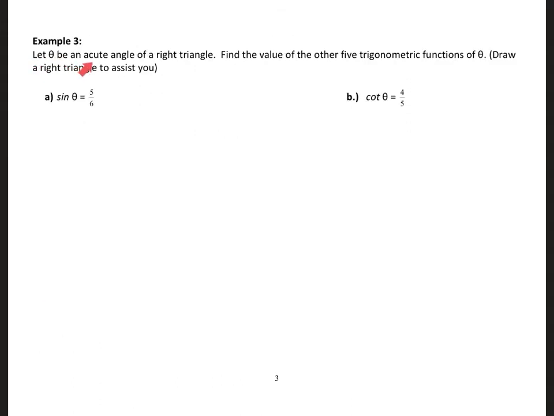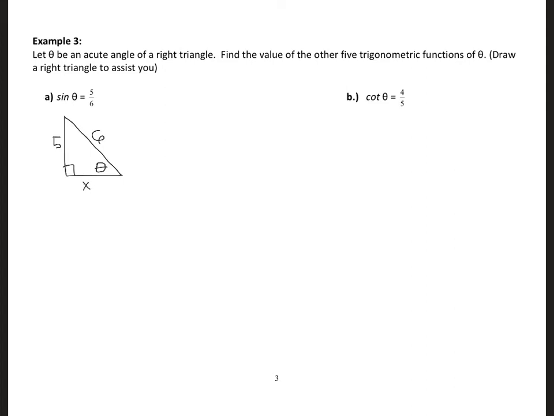Here we are told, let theta be an acute angle, find the value of the 5 trig functions. Let's start by sketching a right triangle so that we can see it. I'll call that angle theta. I'm given sine, and I know sine is opposite over hypotenuse, so that's opposite and that's hypotenuse.